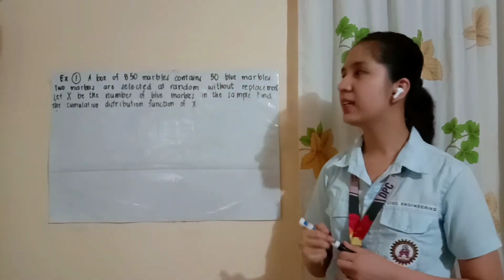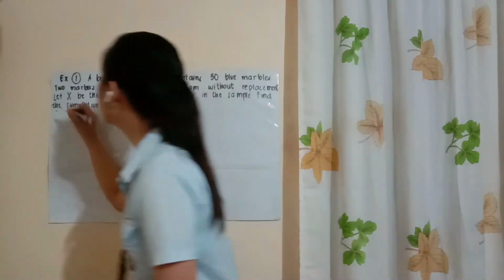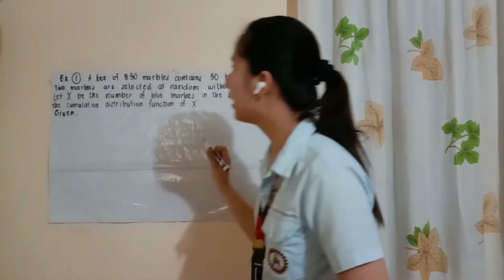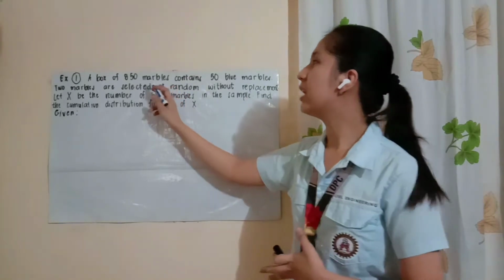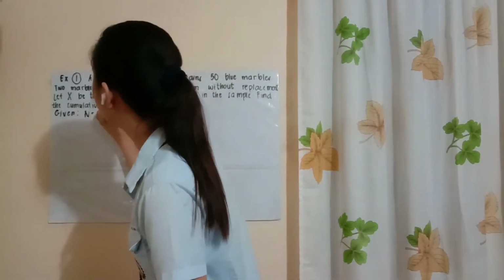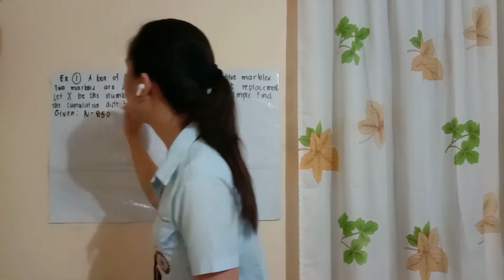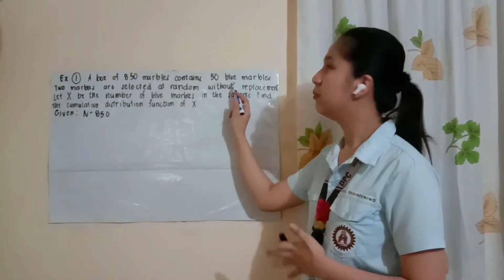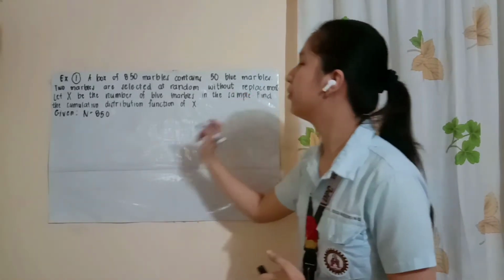So before anything else, sulat muna natin yung mga given sa problem na to. So for the given, meron daw tayong 850 marbles sa isang box. So lagay natin yon as n is equals to 850. Next, ilan daw yung blue marbles natin? Di ba we have 50.